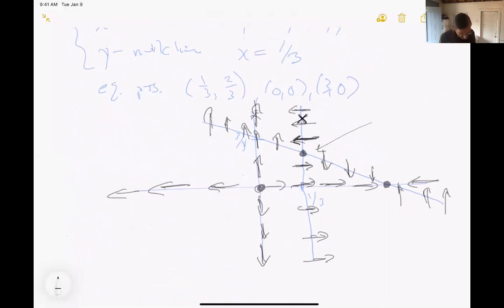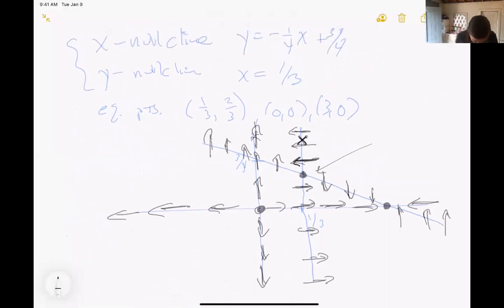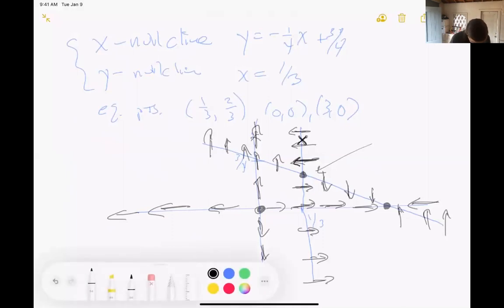This is probably what the picture looks like. So it looks like the origin's a source, which means things aren't going to converge to the origin. So the question is, what happens to that point?